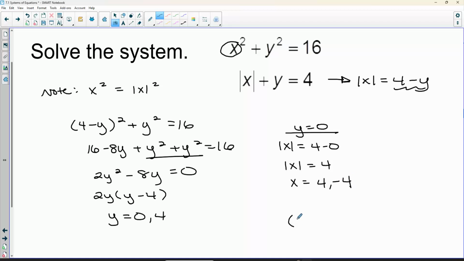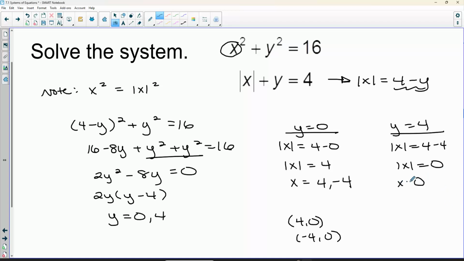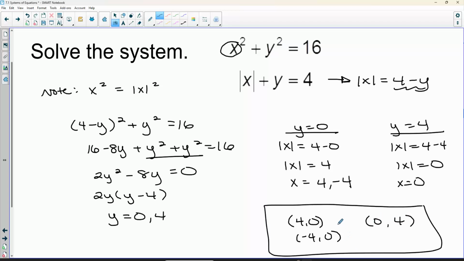So I got two answers, 4, 0, and negative 4, 0. If y is 4, the absolute value of x is 4 minus 4, which is 0. What number has an absolute value of 0? 0, and that's the only one. So I got 3 answers that time.